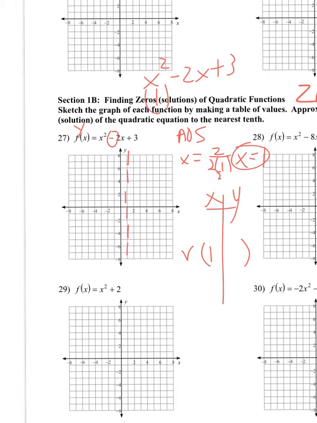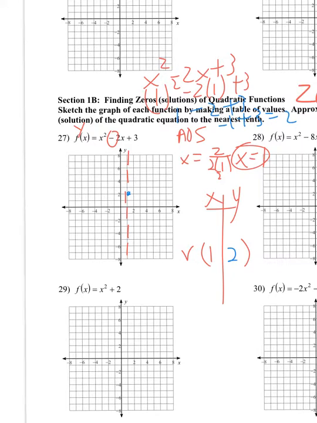So it's 1 squared minus 2 times 1 plus 3. So that would be 1 minus 2 plus 3. 1 minus 2 is negative 1. Negative 1 plus 3 would be 2. So 1, 2 is my vertex. So I'm right here. There's my vertex.